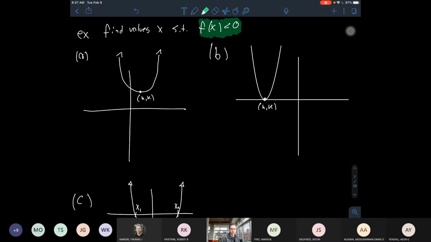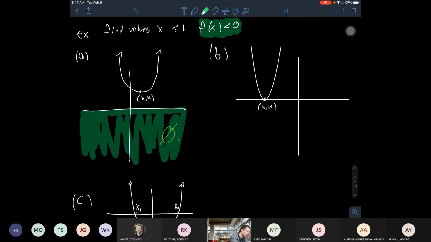Kind of a trick question, Savannah. No solution is exactly right. We could write that with one of these, right? Here's why. I want to check where is f of x less than 0. That means that the graph of my function should lie beneath the x-axis, okay? It should be in this region. But none of the graph is in that region. In other words, all of it's in the bad region, where it's not true. So there's no x values such that f of x is less than 0.